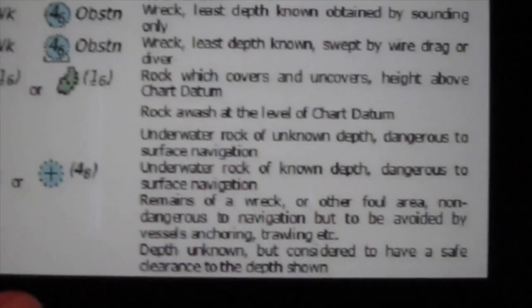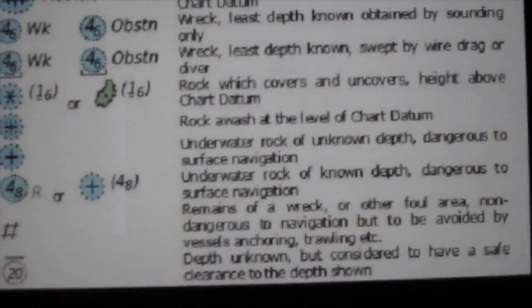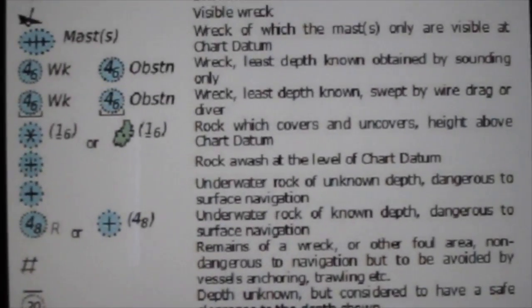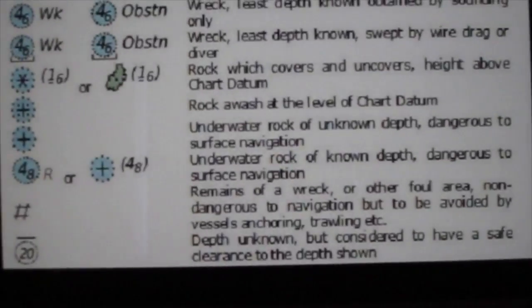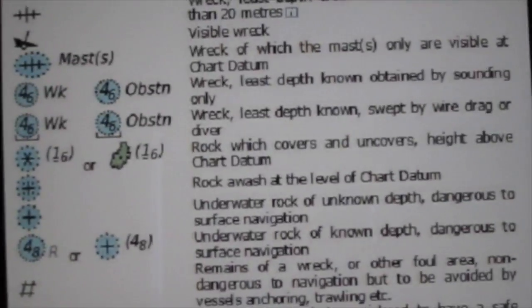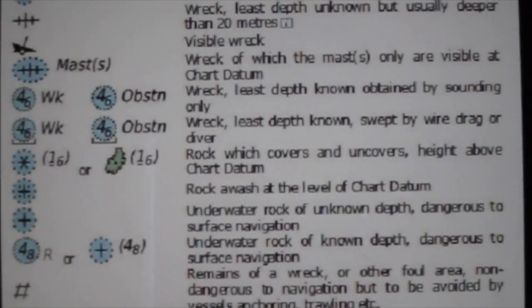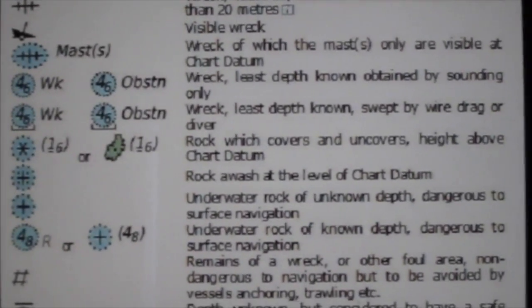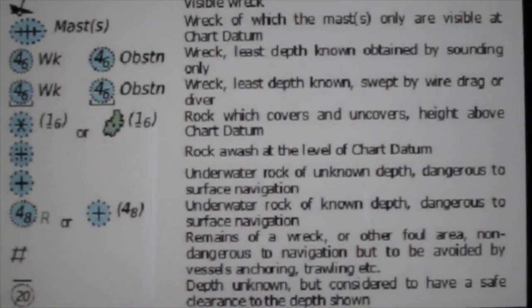And then here we have this little pound symbol, a thatched pattern all across one section of the map, which would just mean the bottom isn't very good for anchoring or trawling or anything like that. And then we've got this little symbol here, which means that the depth of the water is unknown, but they think it should be safe up until the depth under this little line here.